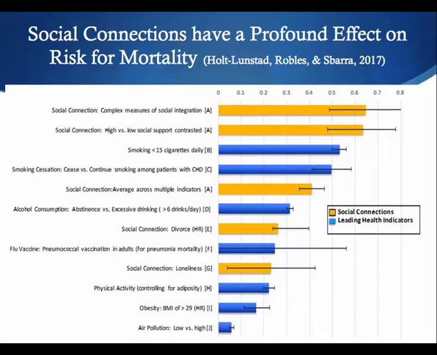And what we can see is that although there is variation in how strongly these different social indicators predict risk, as do some of these other leading health indicators, the blue bars on the bottom that all of them are either equivalent to or have a stronger effect include physical activity, obesity, and air pollution, factors that can receive considerable attention and considerable resources.